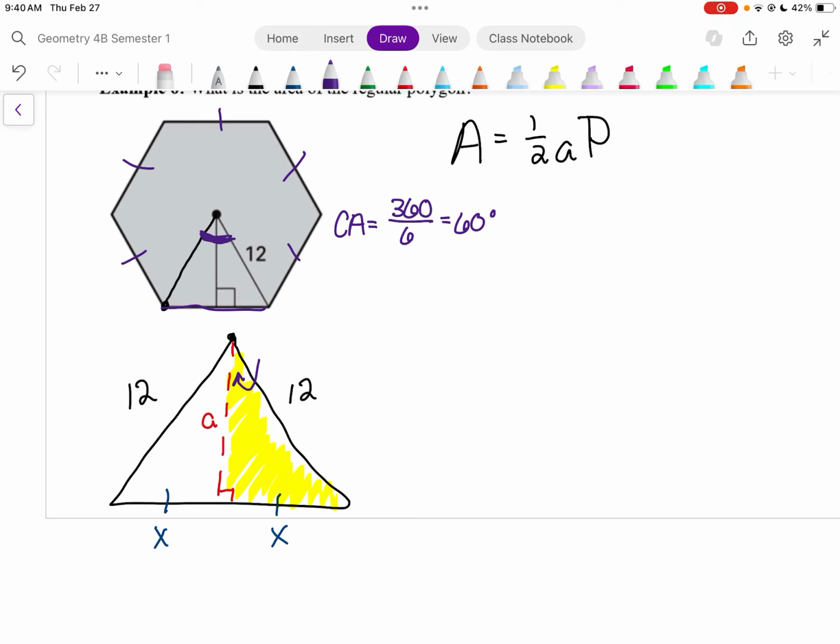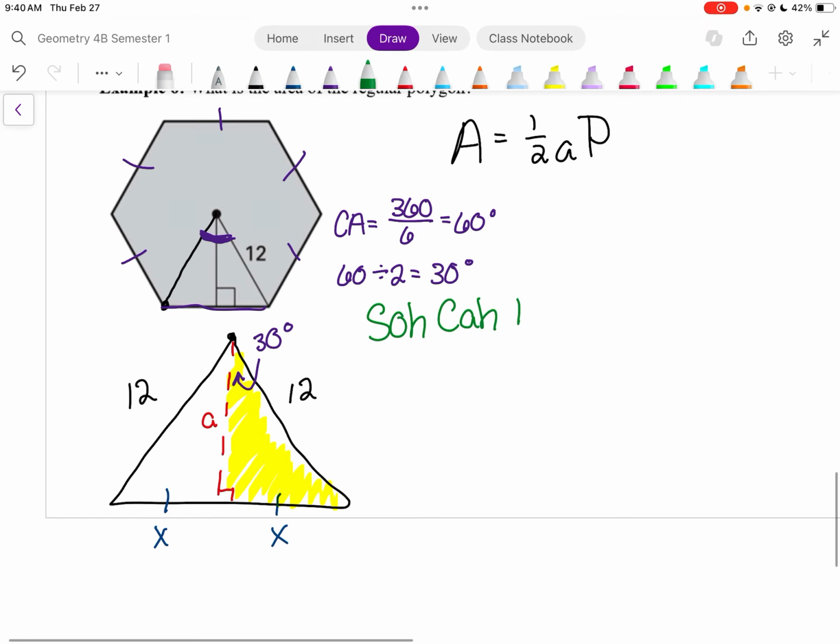That's the angle between the two radii. Once our apothem is drawn, that angle is cut in half, so we divide that by 2 to get 30 degrees. Once you know that angle, you can use SOHCAHTOA to help you find the apothem and the X value.